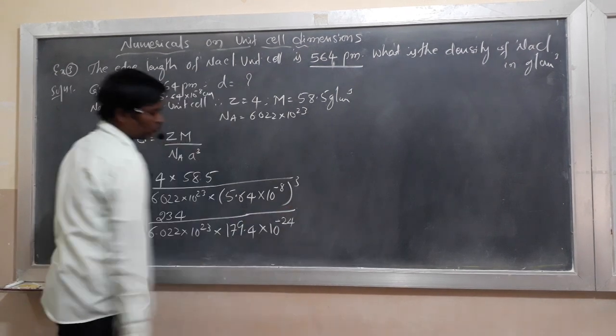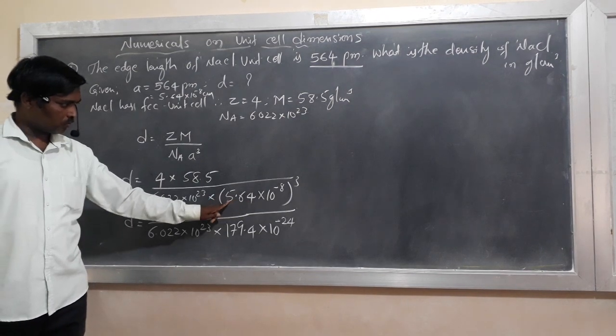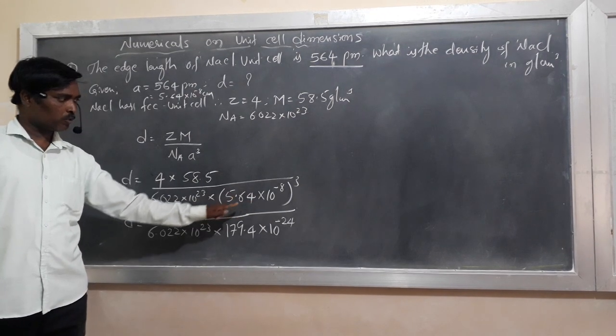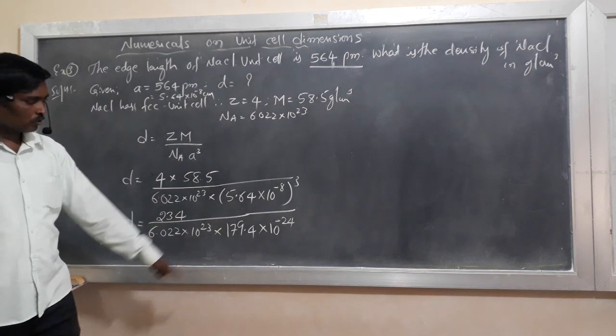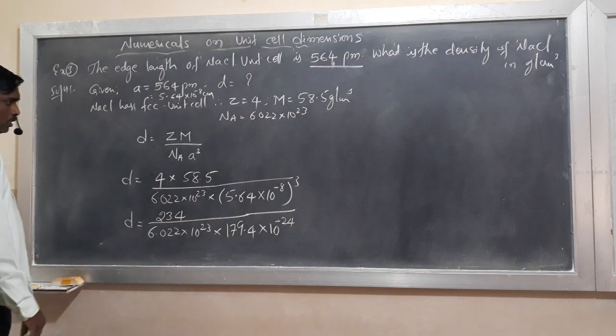Students, check all these values by using a calculator. 5.64 into 5.64 into 5.64 gives 179.4.